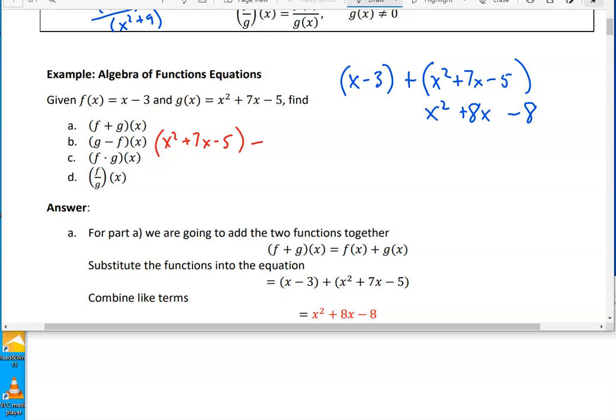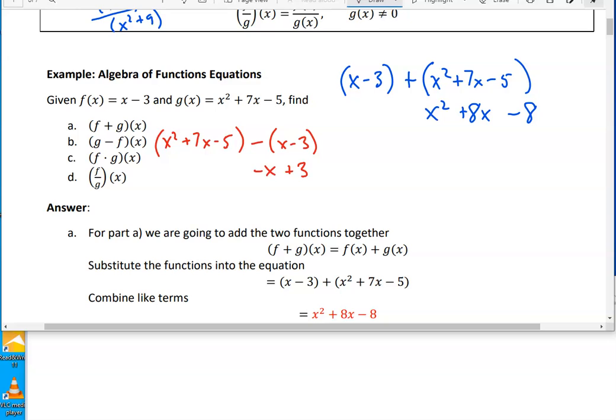Because remember, g minus f of x is the same as g of x minus f of x, which is x minus 3. Now see how that sign and the parentheses become very important. If I take away the parentheses, what does that become? Well, that becomes a minus an x, and that becomes a plus 3, because I'm subtracting a negative 3.